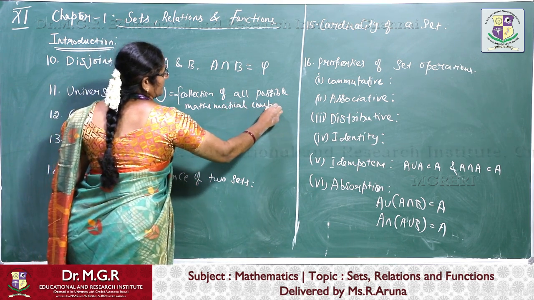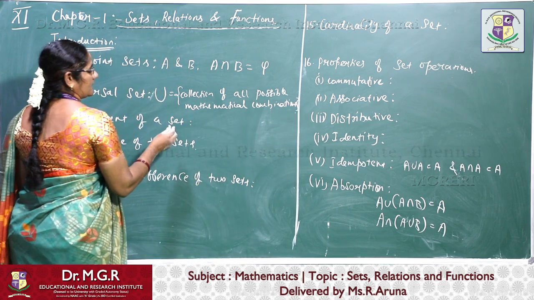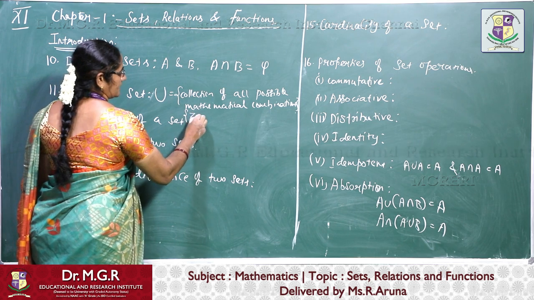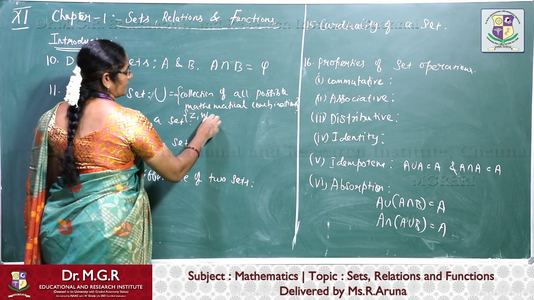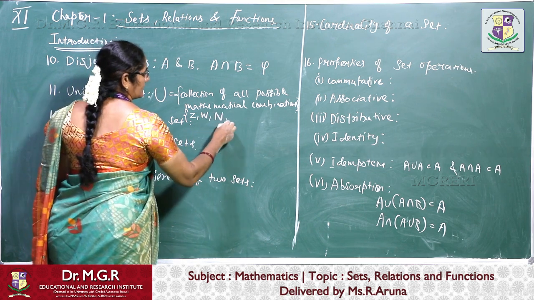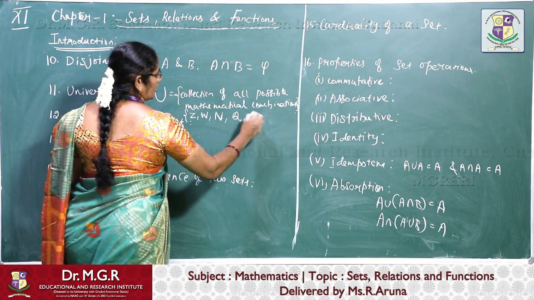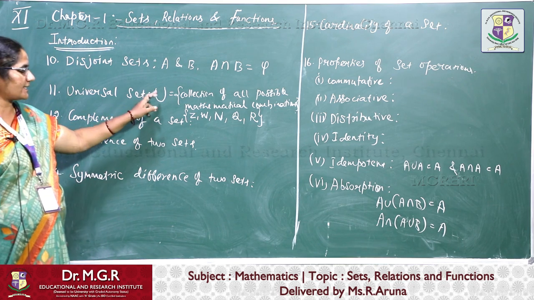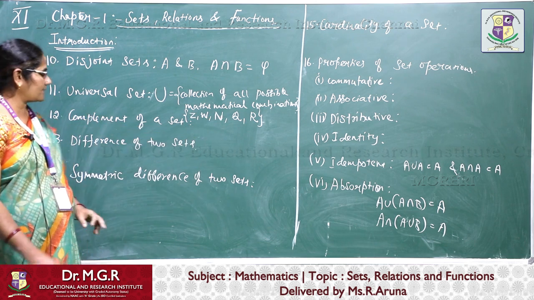That means universal set means we usually have all our number systems: Z, the set of integers, W, the set of whole numbers, N, the set of natural numbers, Q, the set of all rational numbers, and R, all the real numbers. So usually our universal set will be any of these basic sets.